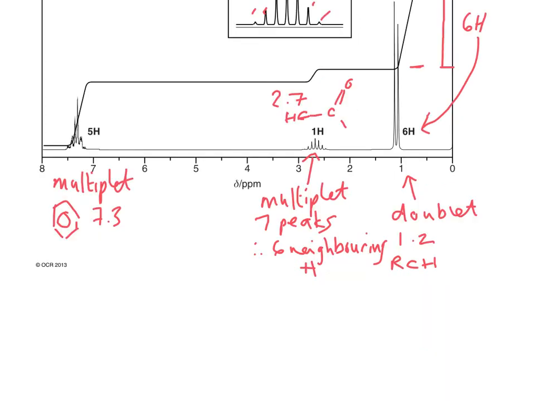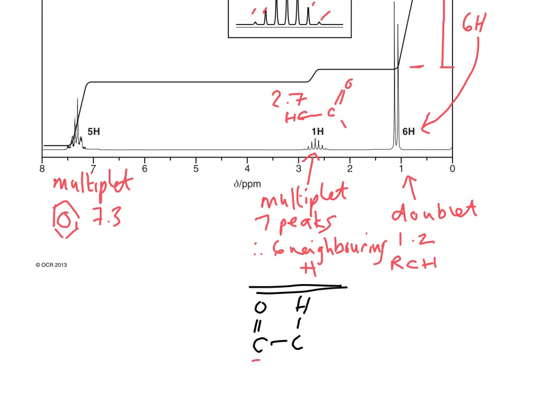I'm going to start myself off with this bit here. So we know that we contain this structure, and we know that this hydrogen here has 6 neighbouring hydrogens.